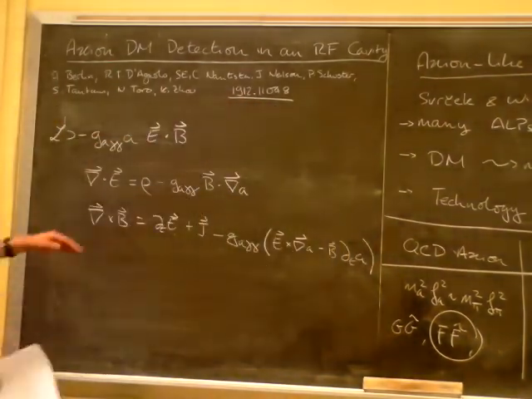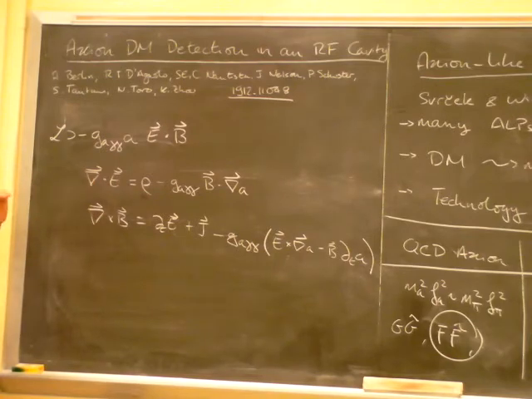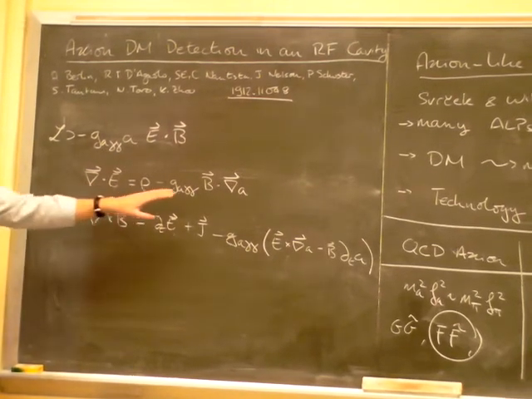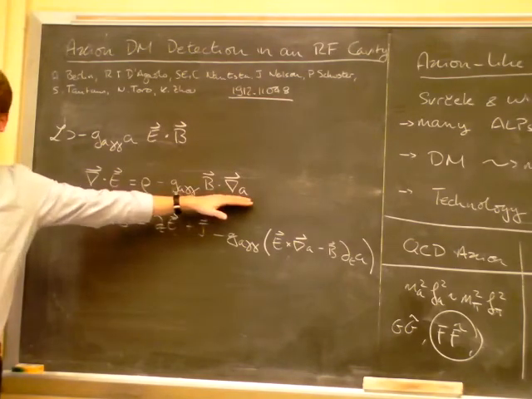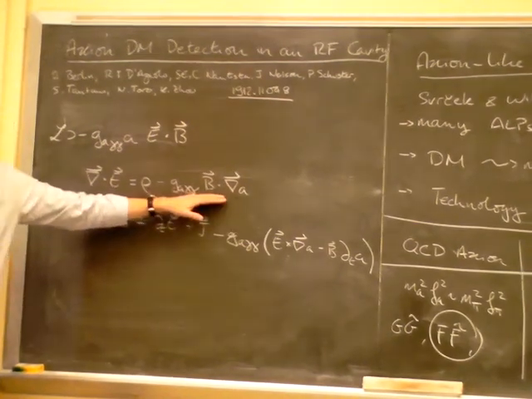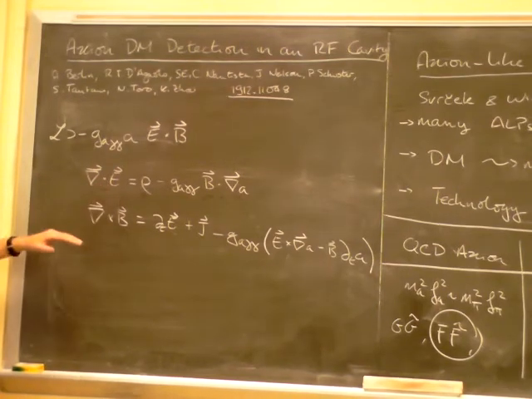Okay, so you will recognize the usual: if I have charged sources in my theory, then I'm going to source electric fields. But also now you see that if I have a spatially varying axion field coupling to a local magnetic field, I will also source electric fields.